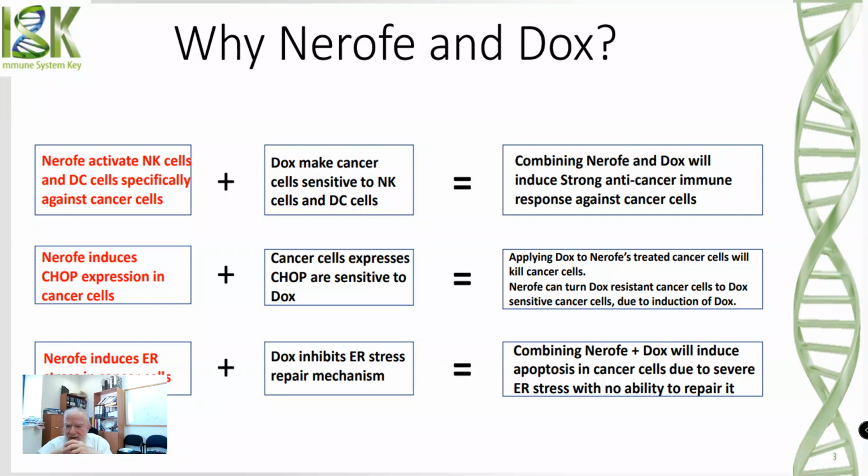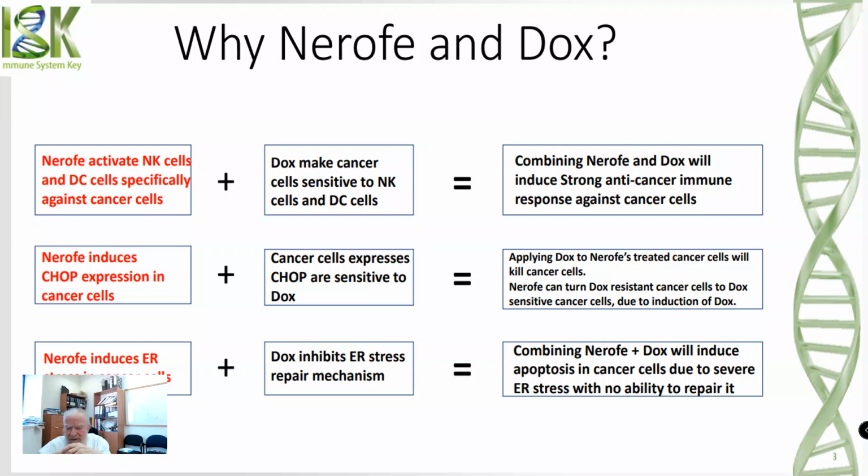Third, Nerofe is inducing ER stress in cancer cells. Doxorubicin has the ability to inhibit the ER stress repair mechanism. So once we introduce Nerofe plus doxorubicin, the severity level of the ER stress is increasing dramatically due to inhibition of the repair mechanism of the ER stress.